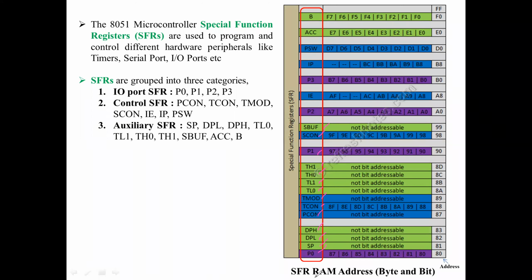For example, the B register, accumulator, program status word, IP register, P3, P2, SBUF, SCON, P1, the timer registers, timer mode and timer control register, and the peripheral control register for communication purposes, and we have DPTR and SP, the stack pointer register.